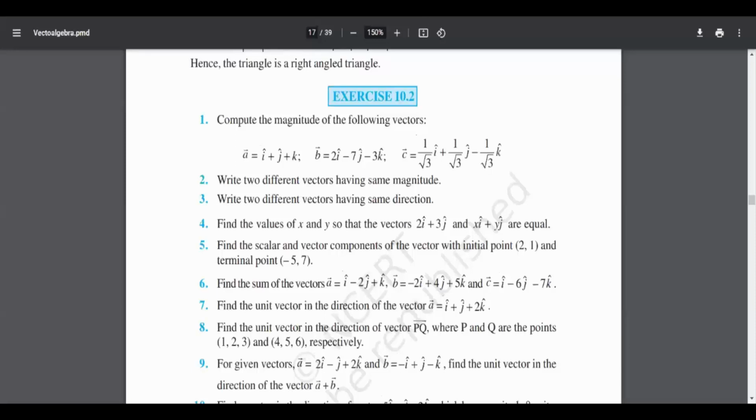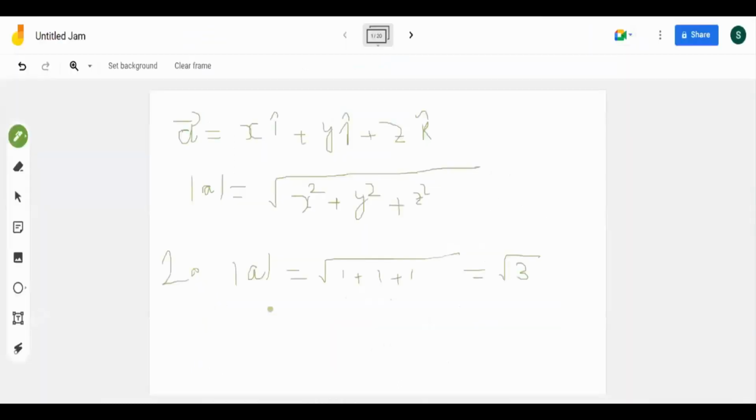We have to compute the magnitude for vector A, i cap plus j cap plus k cap. We know mod A equals under root 1 square plus 1 square plus 1 square, that is 1 plus 1 plus 1, equals root 3. For the second part, B is 2i minus 7j minus 3k.